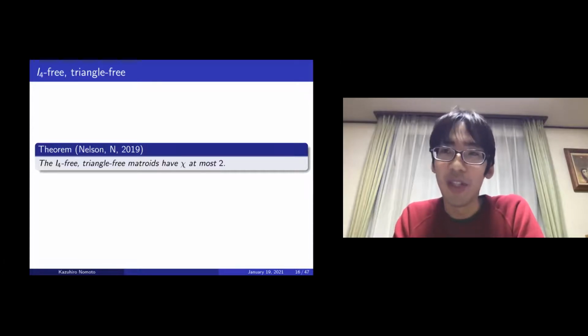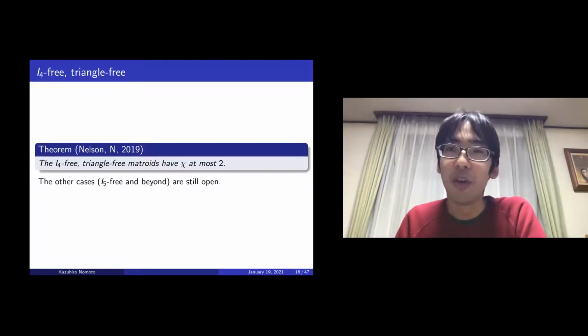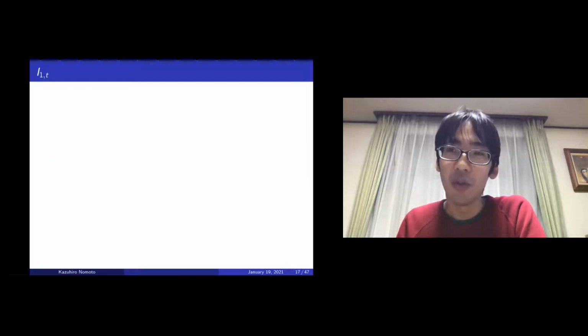We don't really know how to extend it to I5 triangle-free or I6 triangle-free, so they're very much open. I'm not going to talk about the proof of this because I'm not sure how the proof is useful for the other cases. There's something else we managed to show whose proof may be more interesting.